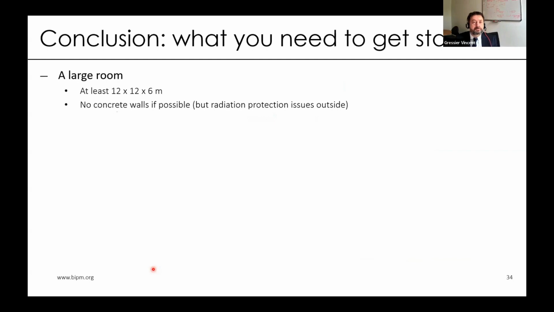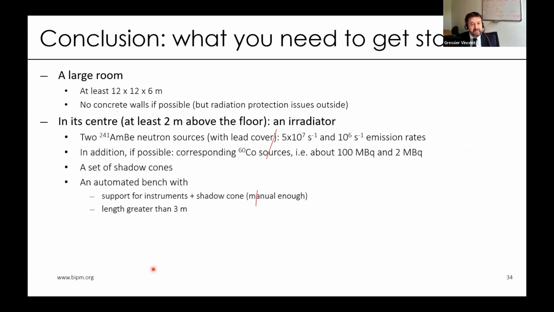So, conclusion: what you need to get started. You need a large room, and by large I mean more than 12 by 12 by 6 meters, with no concrete walls if possible, but of course then you will face radiation protection issues outside. At the center, at least 2 meters above the floor, an irradiator with, if you can, 2 americium-beryllium neutron sources, with emission rates of about 5×10^7 and 10^6.